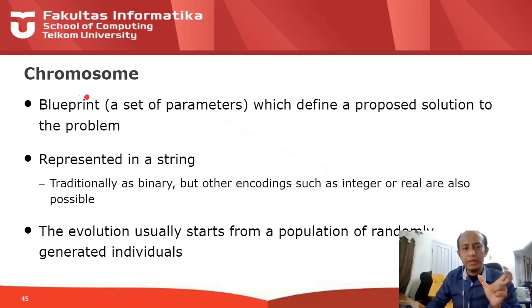So chromosome is a blueprint set of parameters which defines a proposed solution to the problem. It is represented in a string or array where each element is usually either binary, 0 or 1, integer, or real. The evolution usually starts from a population of randomly generated individuals.